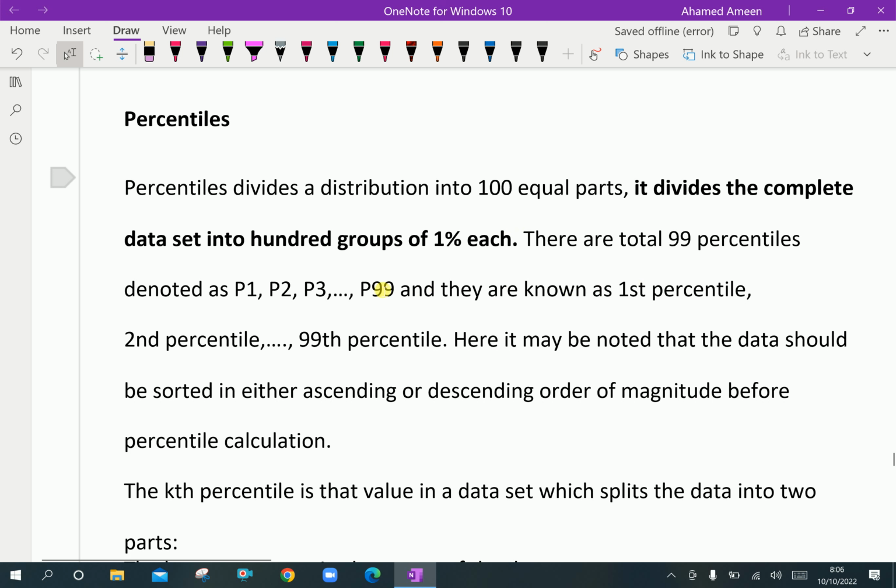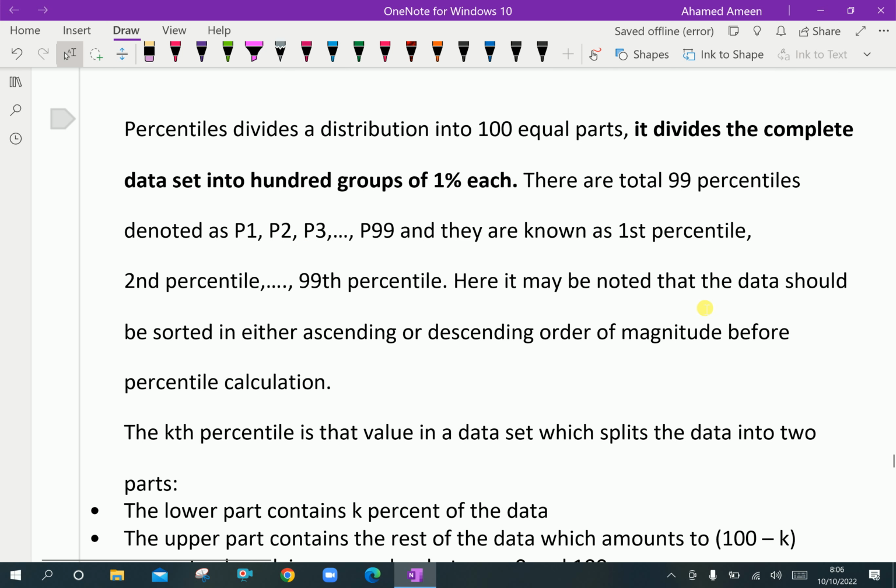It divides the complete data set into 100 groups of 1% each, because the total is 100%. There are a total of 99 percentiles denoted P1, P2, P3 up to P99, and they are known as first percentile, second percentile, up to 99th percentile.